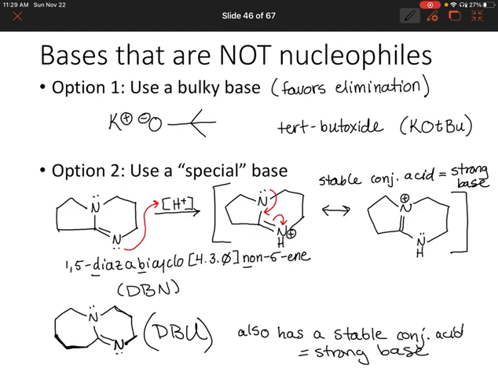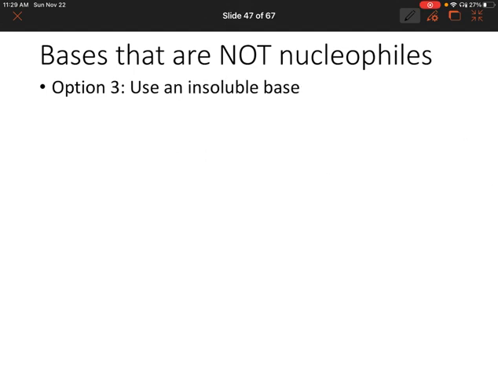Now, there is one more option. You could use an insoluble base. What's really great is that bases don't have to be soluble in order to take a hydrogen or a proton. So a base does not need to be soluble in order to take a proton. This is actually referred to as surface chemistry.